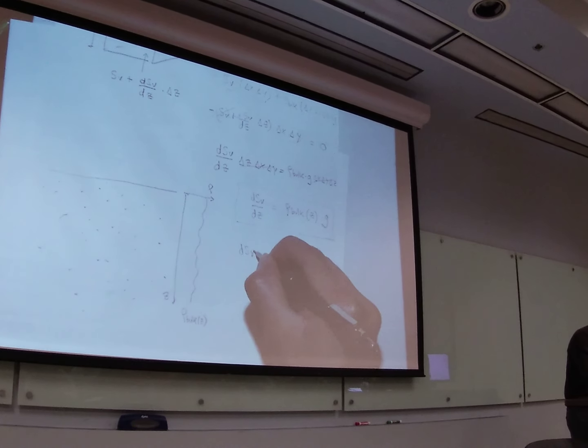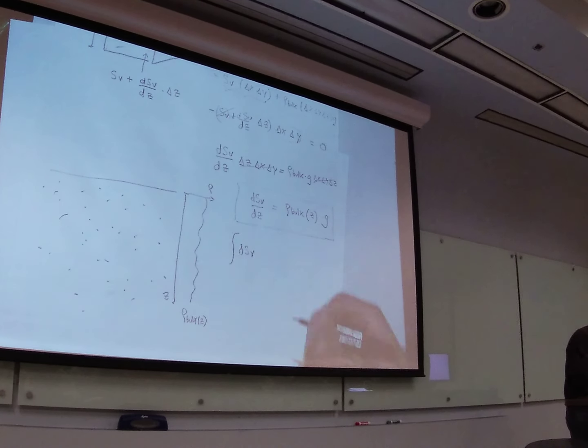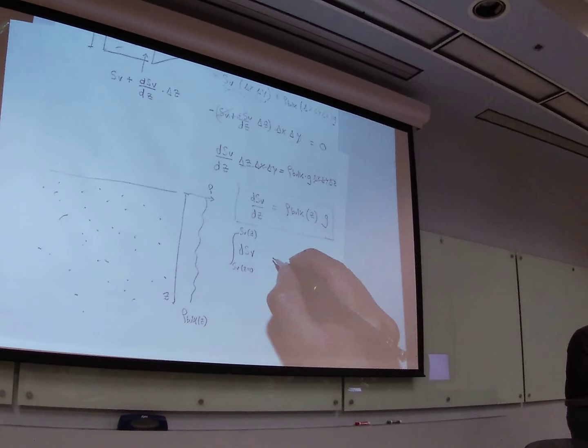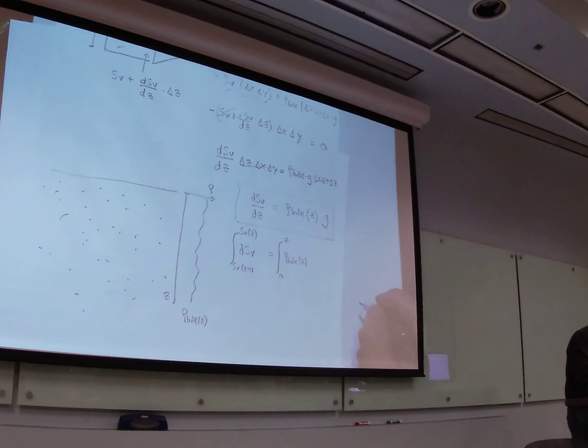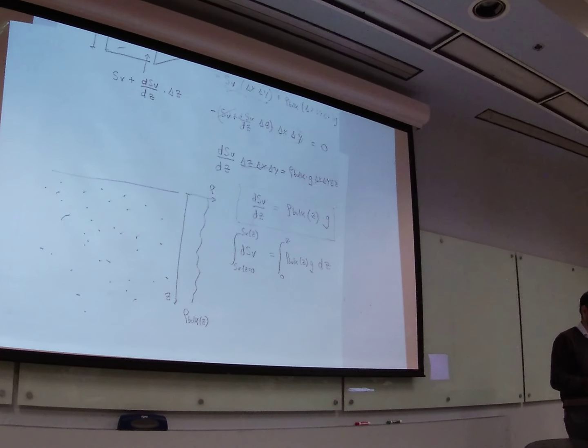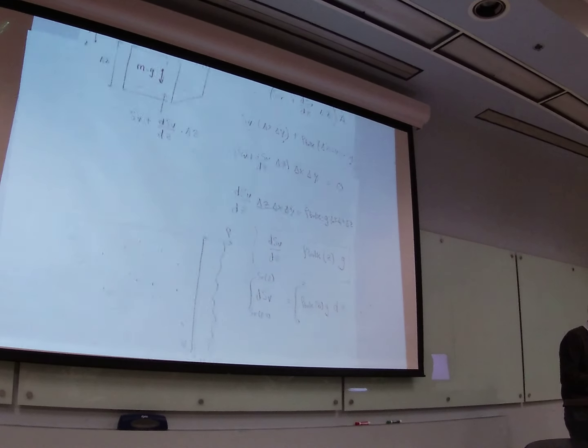So this is going to be dSV from SV at Z equal to 0 to SV at Z, and this is going to be bulk density as a function of Z from 0 to Z, dZ. So I put the integrals, and I'm going to make one more assumption here.